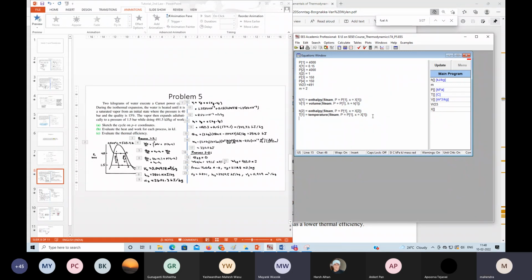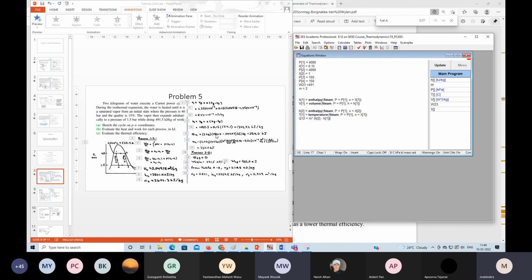Now Q12 we need to calculate, right? We have calculated here Q12, is it? That is simply mass multiplying H2, we have that, minus H1.